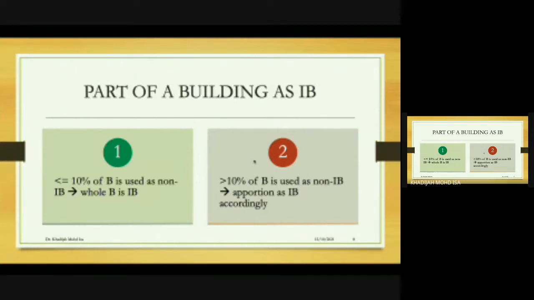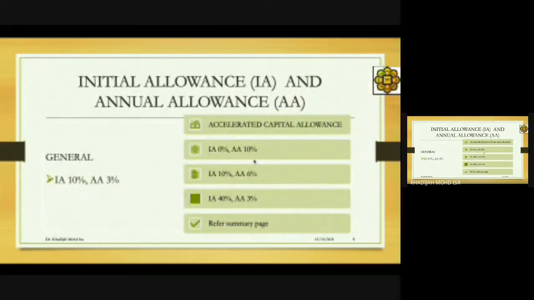Okay. As you can see just now, different types of building may have different initial and annual allowances. Generally, if it's not specifically mentioned, then the rule is 10% and 3%. But you can have accelerated capital allowance, for example, IA 0%, AA 10%. You can have IA 10%, AA 6%.